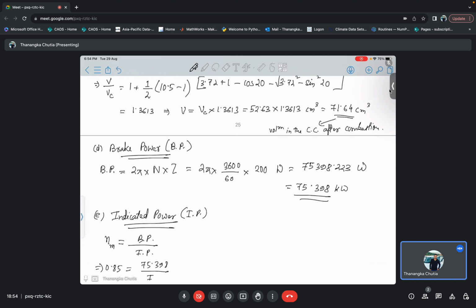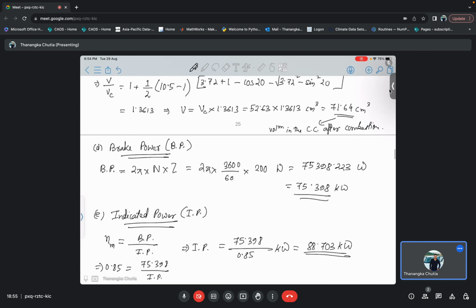So from here your indicated power, IP, is equal to 75.398 divided by 0.85 kilowatt, that is equal to 88.703 kilowatt.